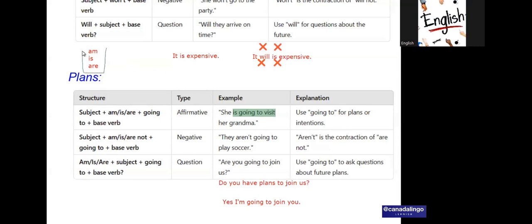The origin of these verbs is be. These are to be verbs. Okay, be. So whenever we have will or something extra, you should use be. For example, it will be expensive. This is the correct form. It will be expensive.